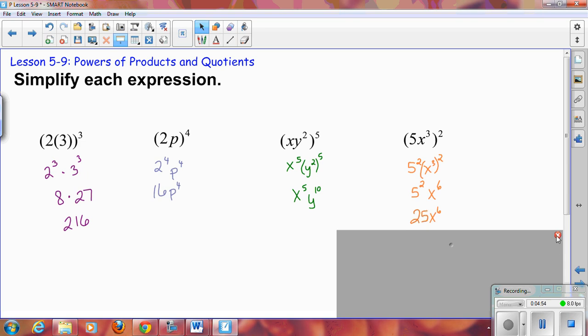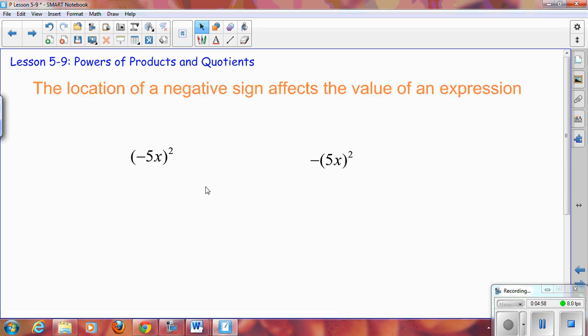25x to the 6th. Okay, now if you have a negative sign, it does matter whether it's inside the parentheses or outside the parentheses, and we've experienced this in previous lessons. But I'm going to give you an example that shows you what it actually means. This one, with the negative inside the parentheses, actually means negative 5x times negative 5x.